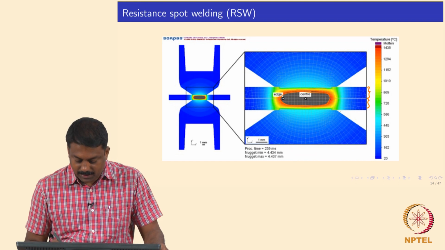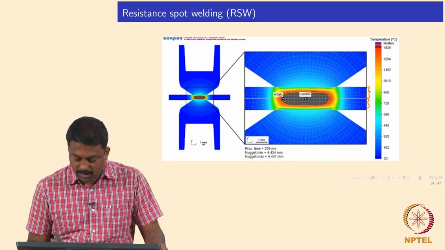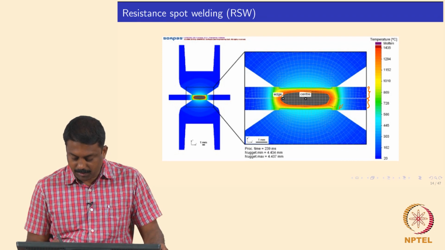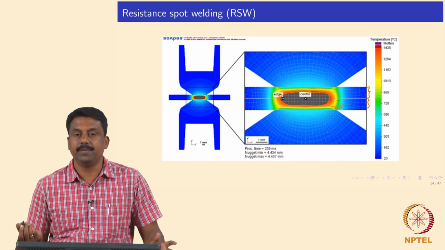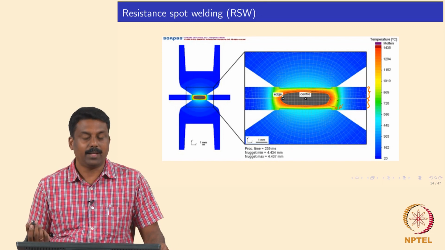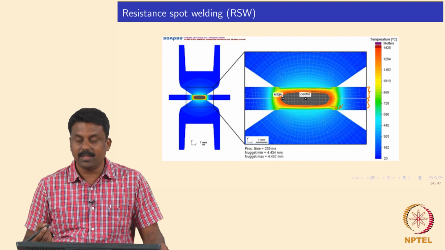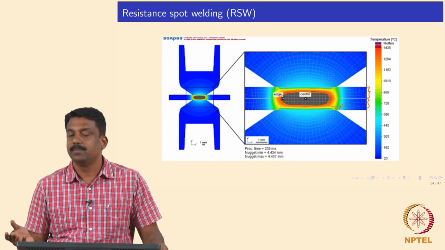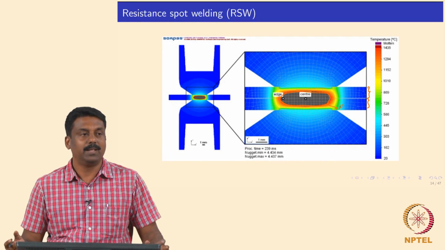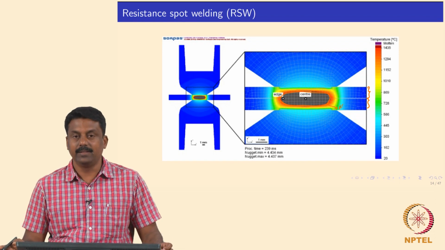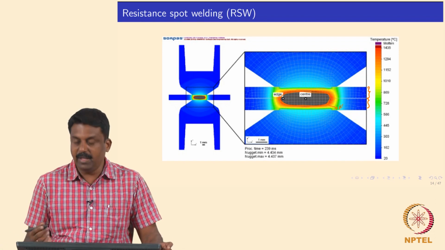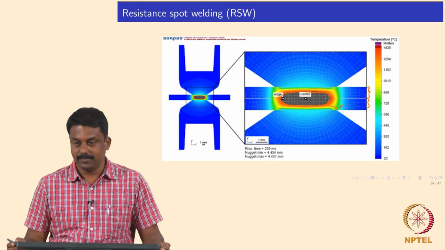If you look at this temperature distribution, you already reach close to room temperature about 1 mm from the fusion boundary. From say 1400 centigrade you reach room temperature within 1 mm distance. So, the temperature gradient is extremely high, and due to that you minimize the heat affected zone significantly.